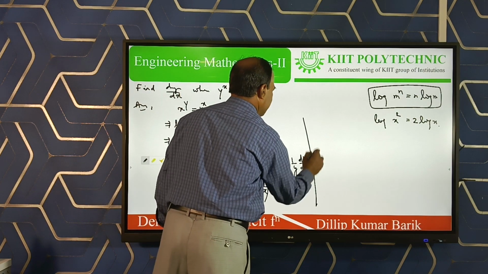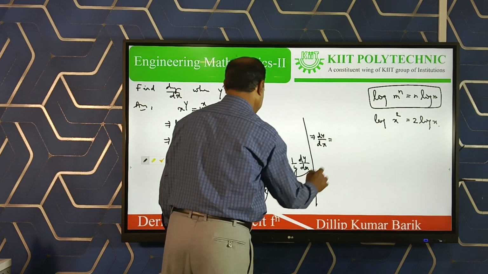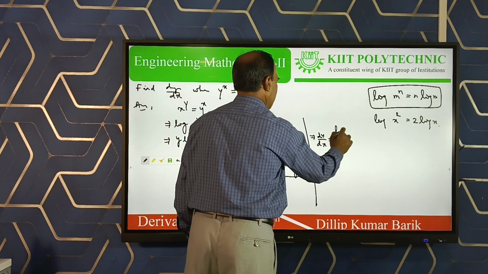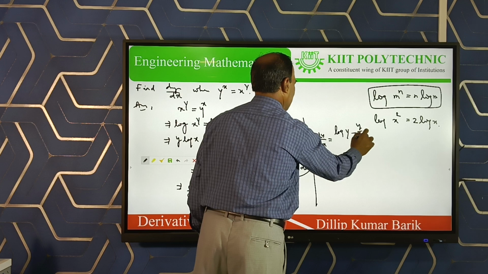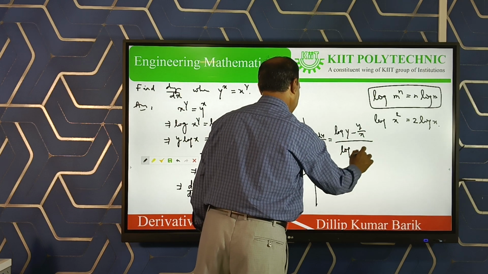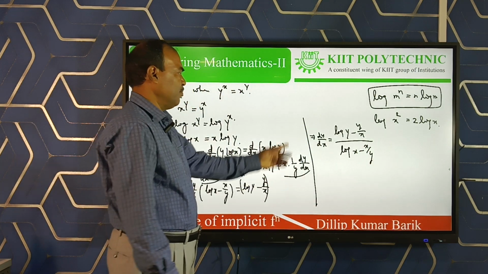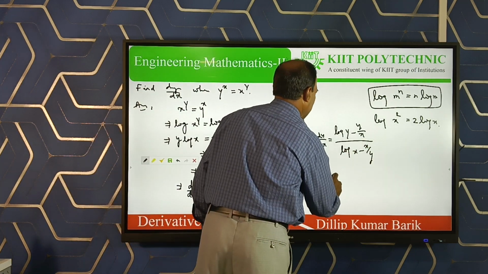And the final answer is implies dy by dx, RHS divided by LHS, means log y minus y by x whole divided by log x minus x by y. Clear? This is the final answer. We can write it in simplified form also.